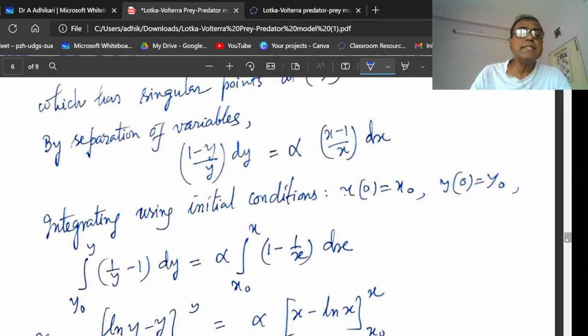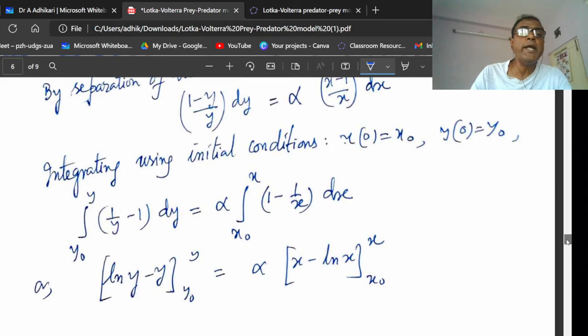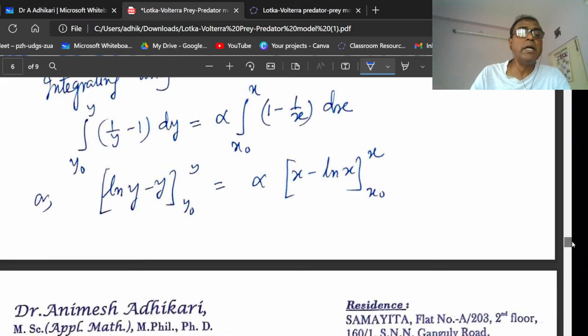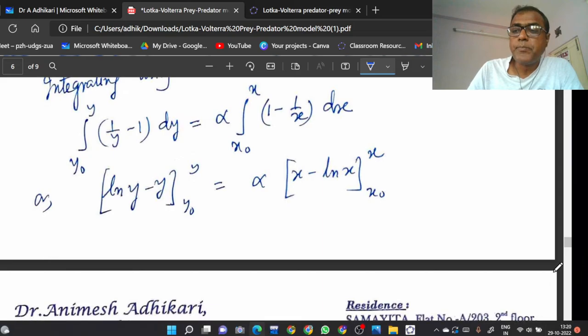So using this initial condition and integrating from y0 to y the integral of (1/y minus 1) dy, and α times the integral from x0 to x of (1 minus 1/x) dx, we get ln y minus y from y0 to y, and α times (x minus ln x) from x0 to x.